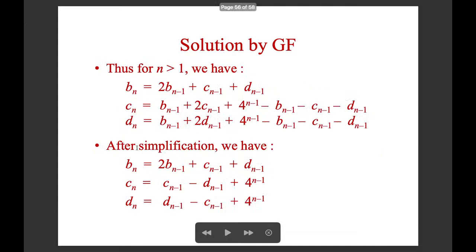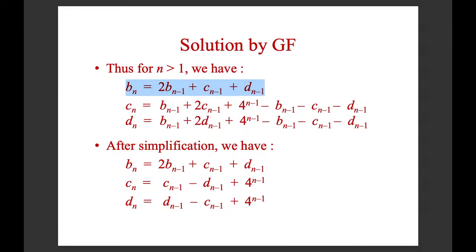Is that okay? So first of all, by an easy argument, we can find that B of n is equal to something like this. So we have a recurrence for B of n based on B, C, D terms. This is not that difficult.